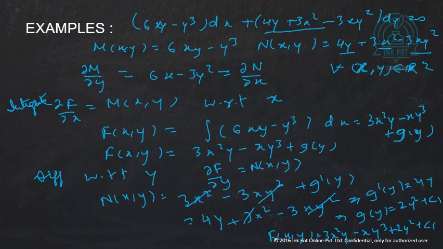So this is the general solution of the differential equation, or an implicit solution can be written as 3x squared y minus xy cubed plus 2y squared is equal to c. Here we have absorbed the constant c1 into the new constant c. So this is how we solve an exact differential equation.